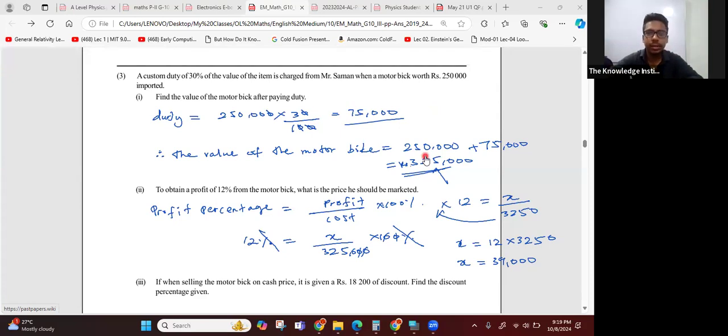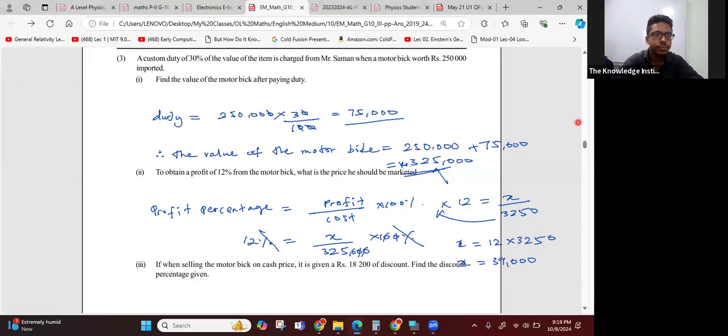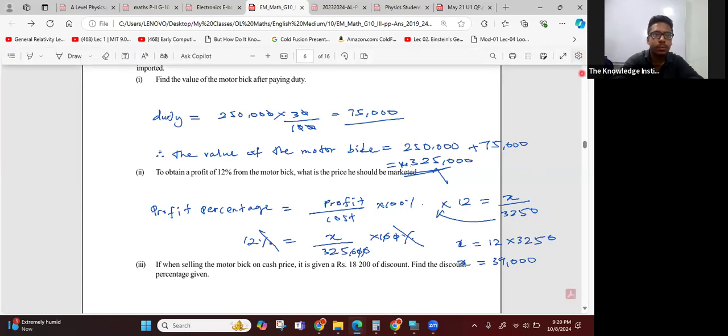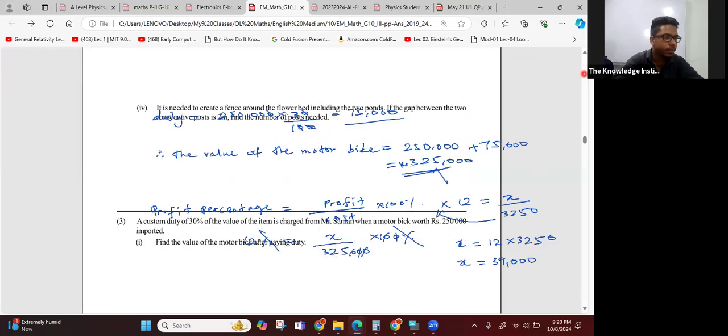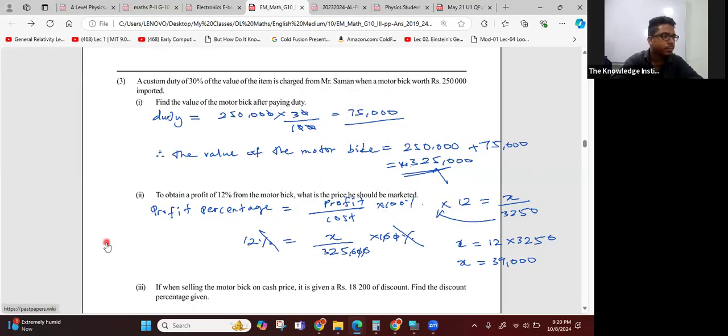I ask you now, profit is 39,000, right? Then if the profit is 39,000, what is the selling price of the bike? Now he has total cost is 325,000.